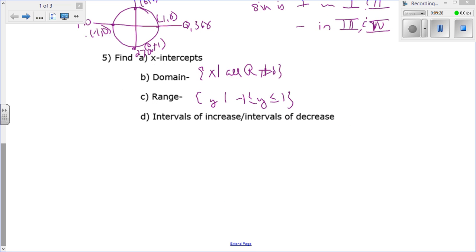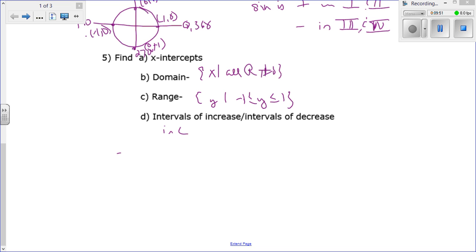But our intervals of increase and decrease. Looking at our graph, our intervals are increasing in quadrant 1 and in quadrant 4. That's just on the right side, but it wants to know for the whole thing.